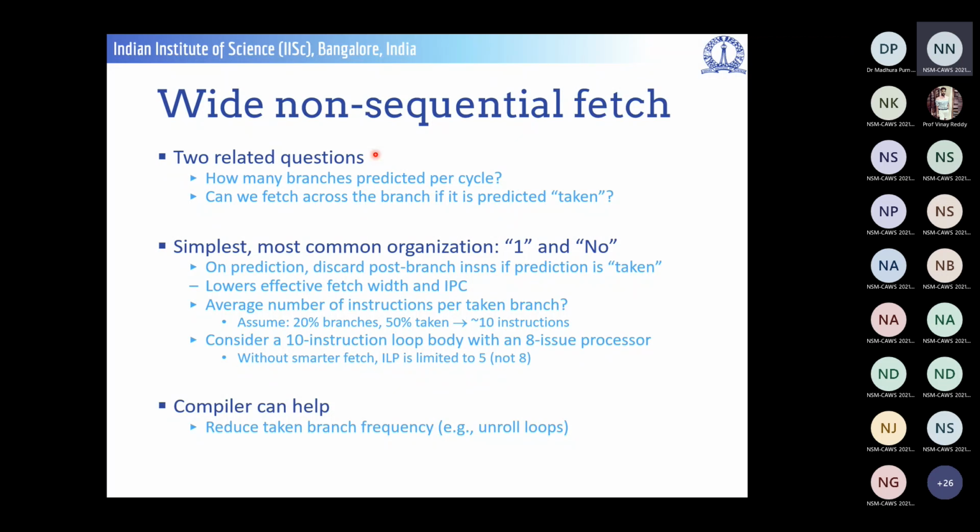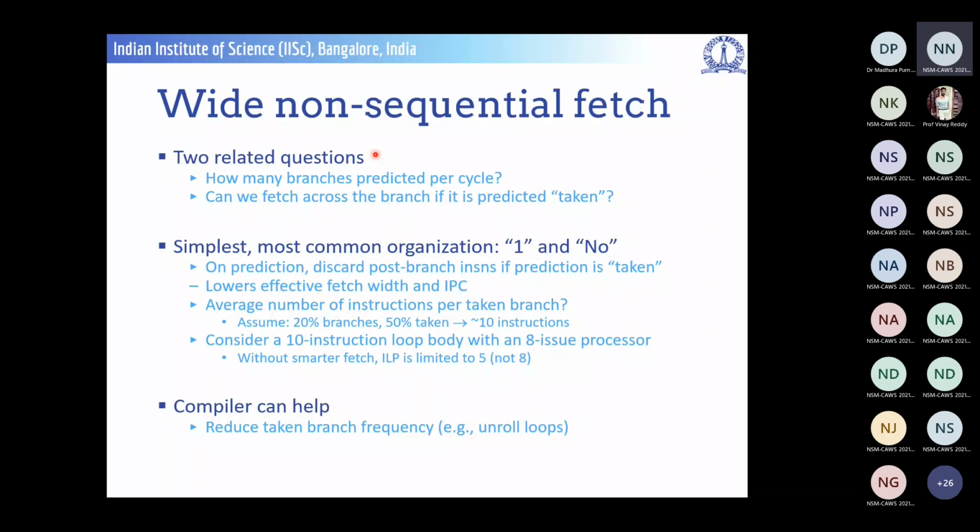So you either flush those instructions out, as you have probably talked about in branch prediction, when things go wrong, or you stall till the branch is resolved.